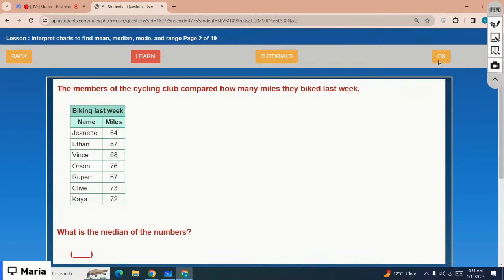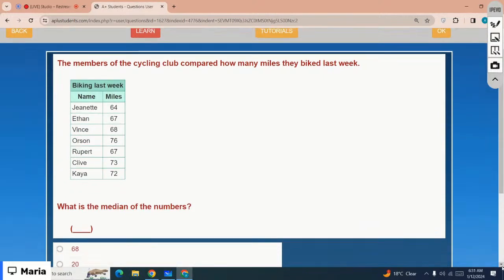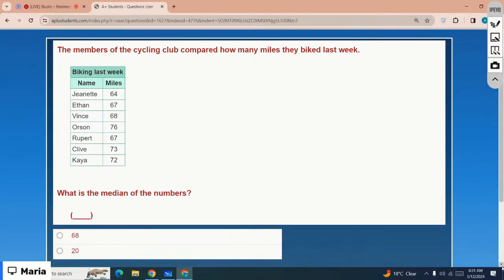Okay, the members of the cycling club compared how many miles they biked last week. What is the median of the numbers? Okay, you can calculate the median and write the correct option in the chat box. So which is the median?